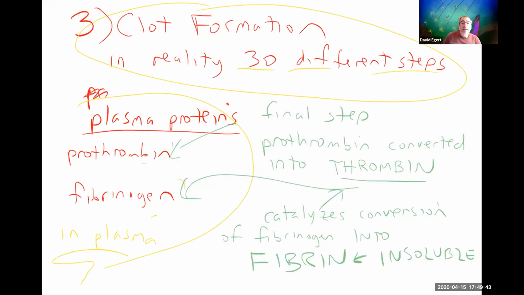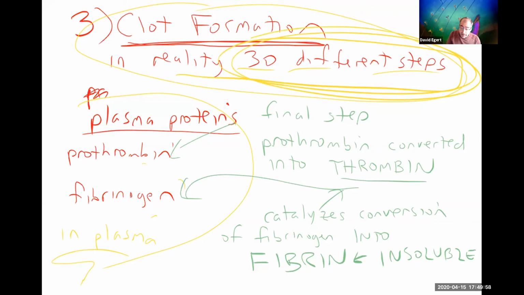Another really common thing people talk about with diseases is hemophilia. I was mentioning that there are like 30 different steps here. If you have some genetic problem with any of the plasma proteins involved with that, that's going to affect your ability to have blood clots forming.